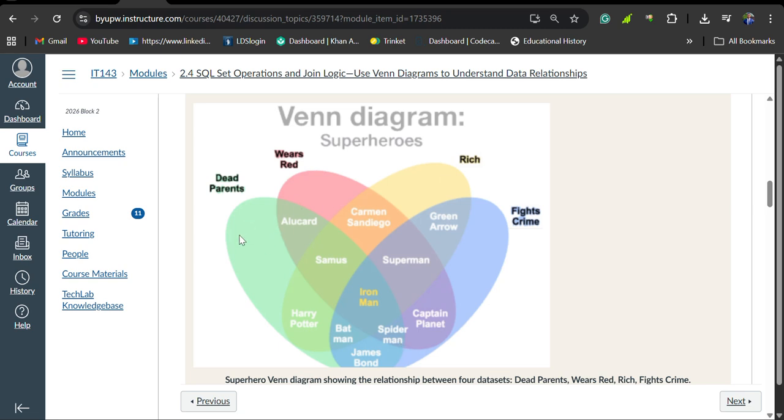Now if we want to look at the left joint of dead parent and wears red, we have Harry Potter, Batman, James Bond, Spider-Man, Iron Man, Samus, and Alucard. These are the left joint. And the right joint will be from here down, which is Spider-Man, Iron Man, Samus, Alucard, Carmen, Superman, and Captain Planet.